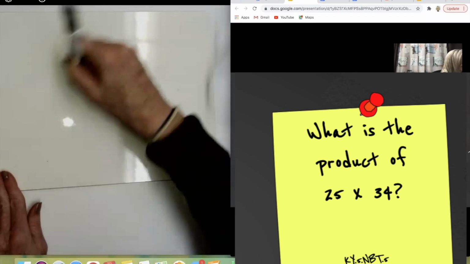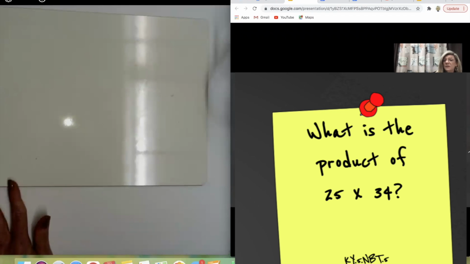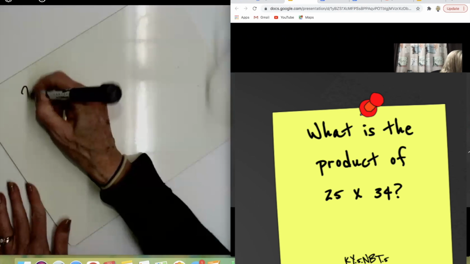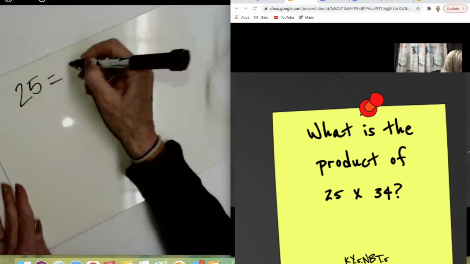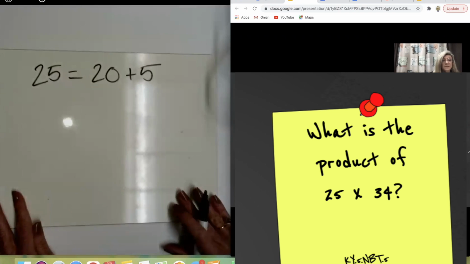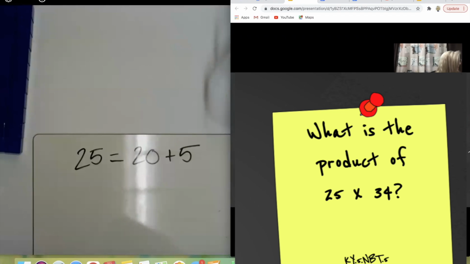So with an area model, kids have to know how to expand numbers. First of all, they have to know that 25 is equal to 20 plus 5. So they may have to build that in order to see it. They may have to build 25, 20, and 5.